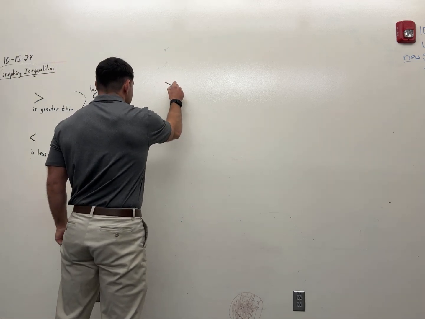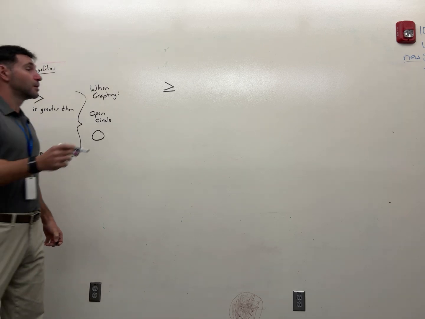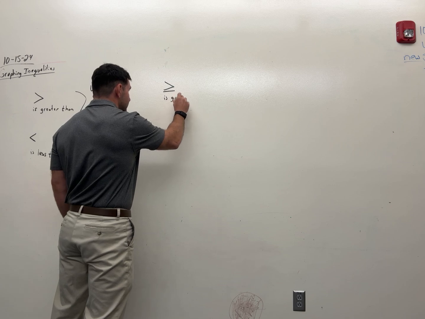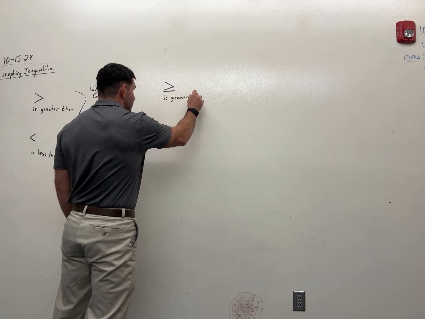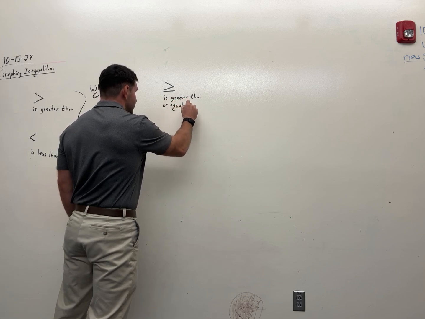But what if we add this little line underneath it? Greater than or equal to. Very good. Not just greater than or equal to, but is greater than or equal to.